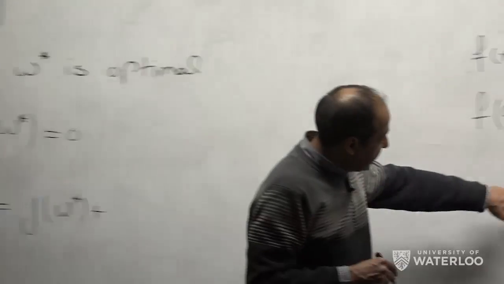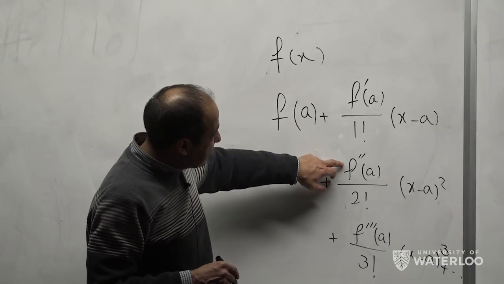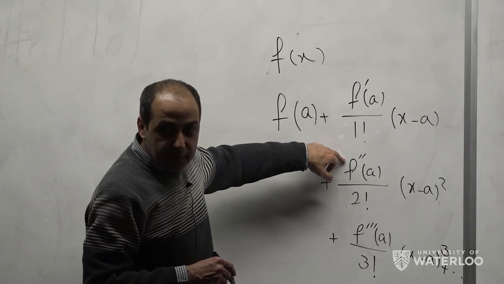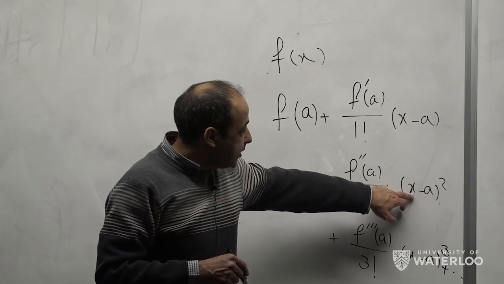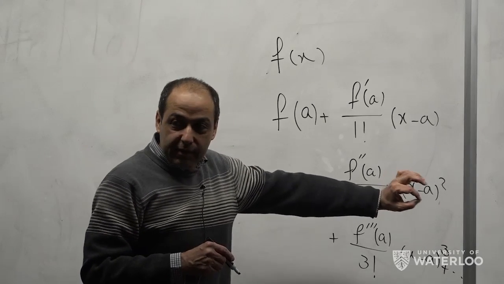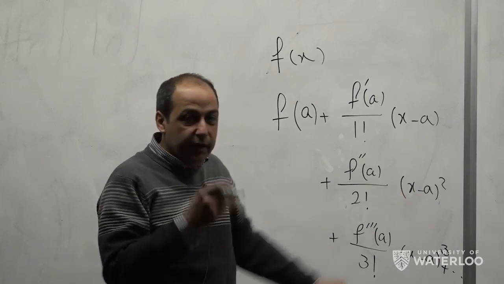The third term is the second derivative of the objective function divided by 2 factorial times (W minus the point W star) squared.